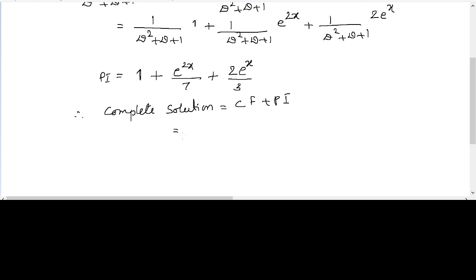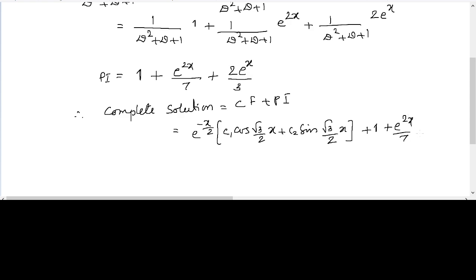So by adding them, we get y equals e power minus x by 2 of C1 into cos root 3 by 2 x plus C2 into sin root 3 by 2 x, plus PI. What is PI? 1 plus e power 2x upon 7 plus 2 by 3 into e to the power of x. This is what we get as the final answer for y.